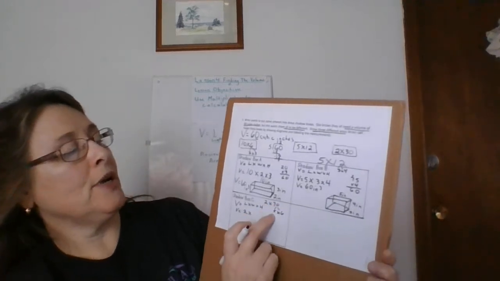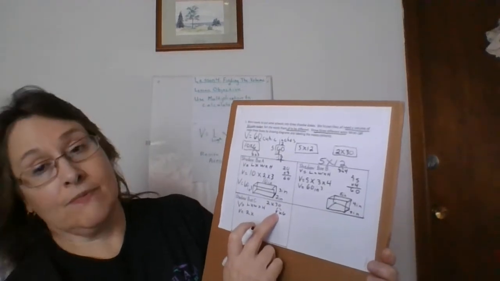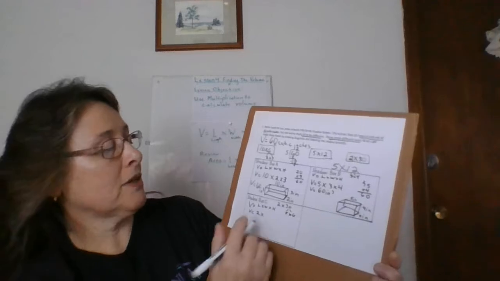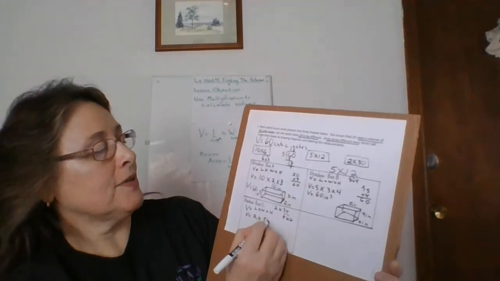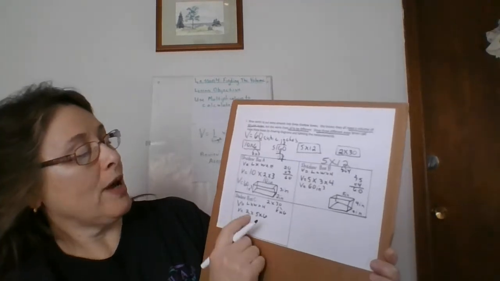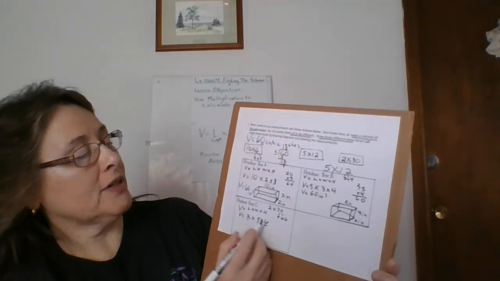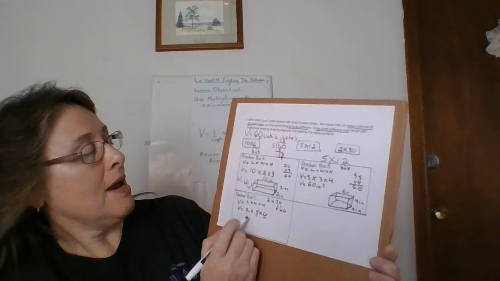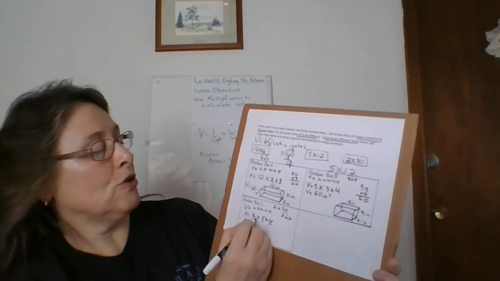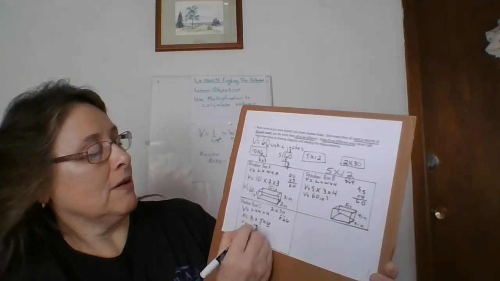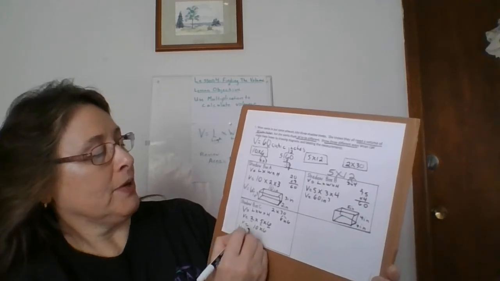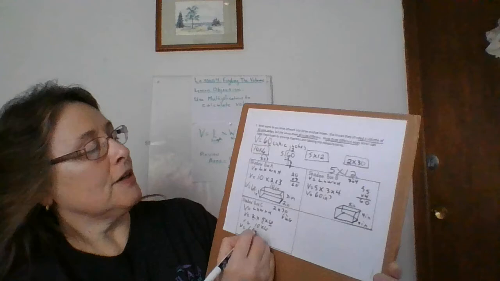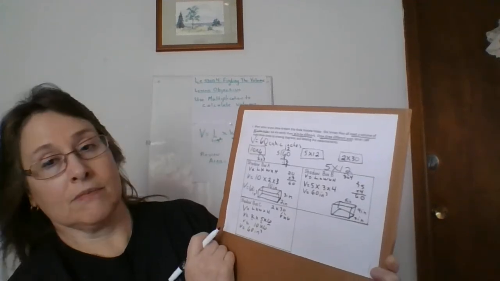So I broke up the 30 into 2 factors, 6 times 5, 5 times 6. So the 30 was broken down into 5 times 6. So now I have my 3 units for my volume. And I'm going to multiply 2 times 5 is 10, and 10 times 6 is 60. 60 inches cubed.